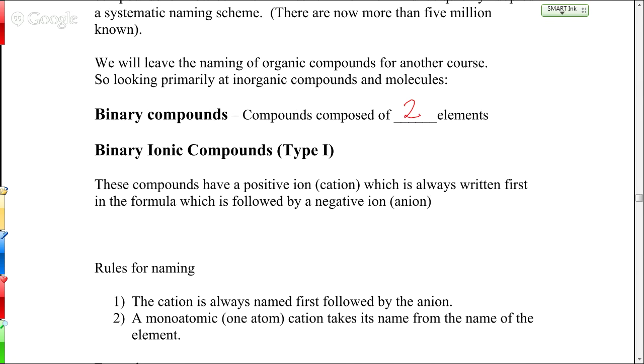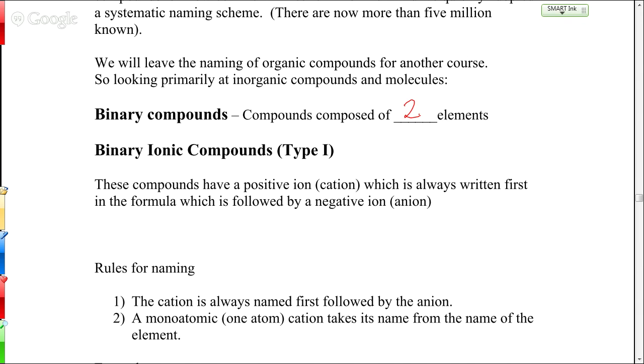So our first type, our type 1 compounds, are going to be binary ionic compounds. So that is compounds made of ions that just have 2 different things, a cation, the positive ion, and an anion. The cation's written first and the negative anion is written second. And that's kind of the convention for writing these things.